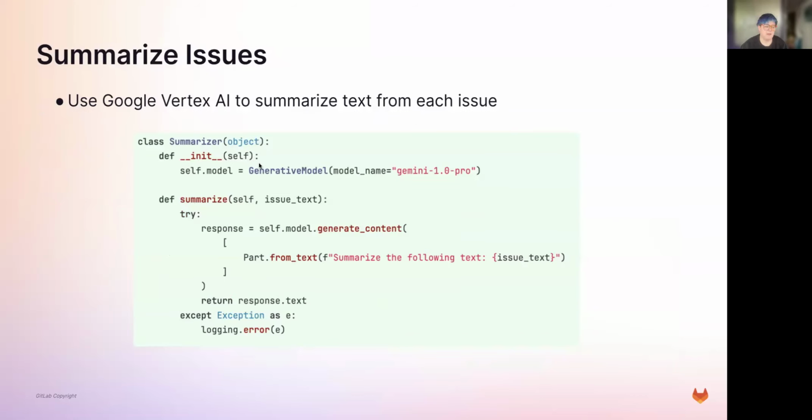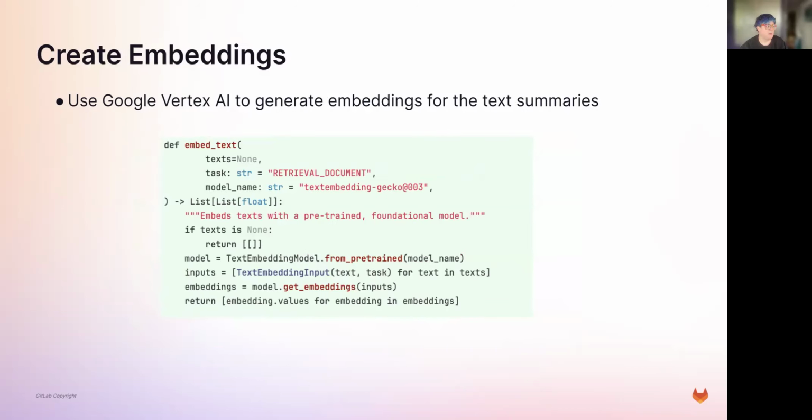The next step then is to take those issues and feed them into the Google Vertex AI model and generate text summaries for each of them. Once we do that, we can then create embeddings, which are representations of the text that is useful to a computer.